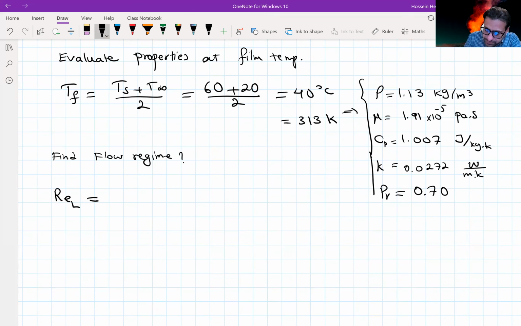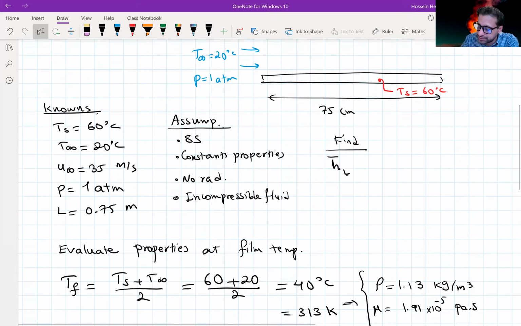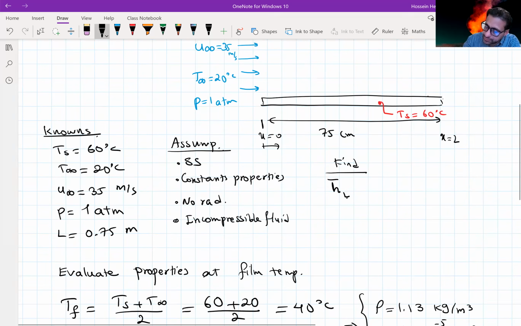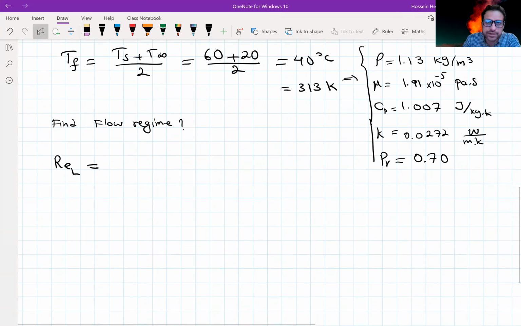One of the simplest ways, just for a quick check here, is, let's say this is x equals 0, the x-axis, and then x equal to L, to find what's the Reynolds number at the end of the plate. Remember, Reynolds number is changing.